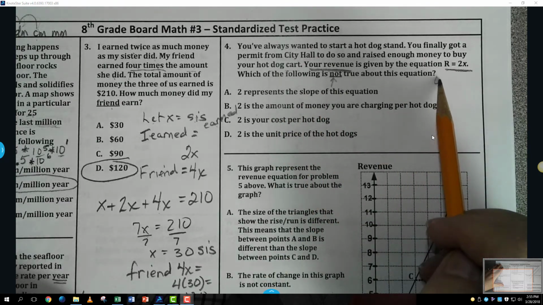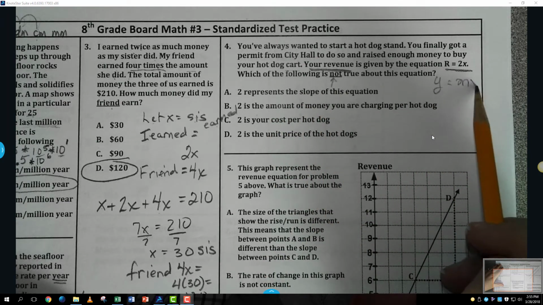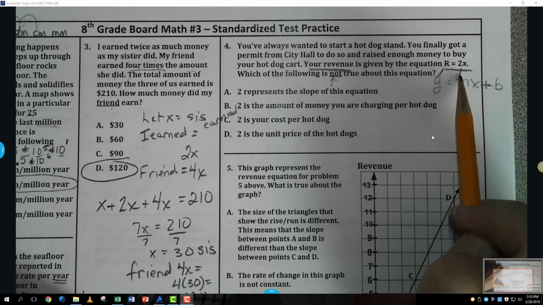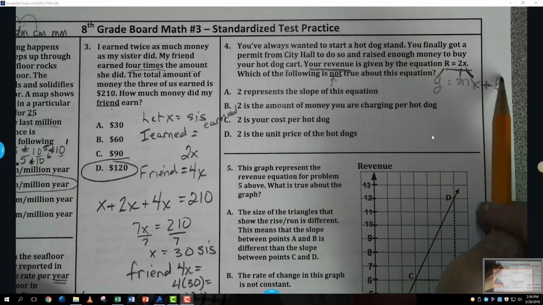Okay, so this is in y equals mx plus b form, where y is the revenue, m is the 2, and x is the number of hot dogs. The intercept b is your starting place.